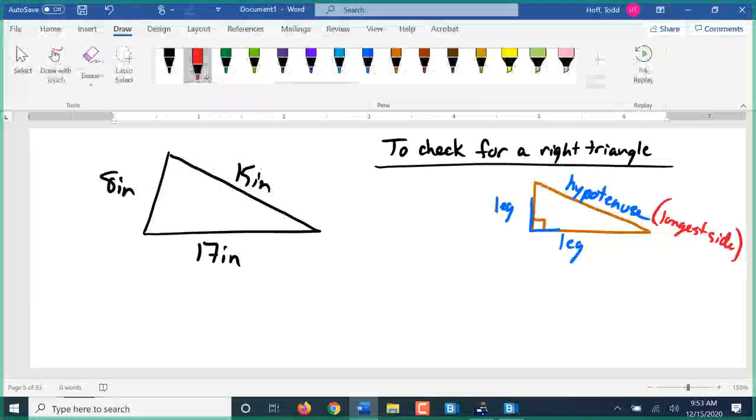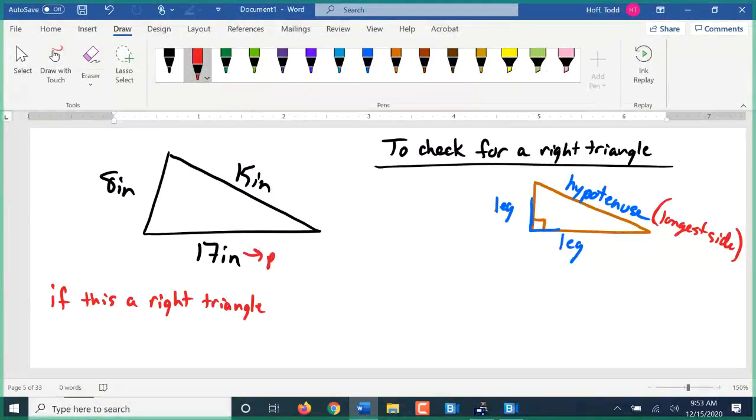So looking over here to see if this is a right triangle, 17 is the longest side. This would be, I say, possible hypotenuse because we don't know if that's a right triangle yet.